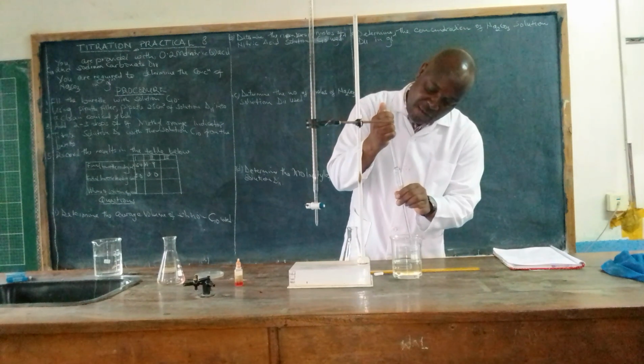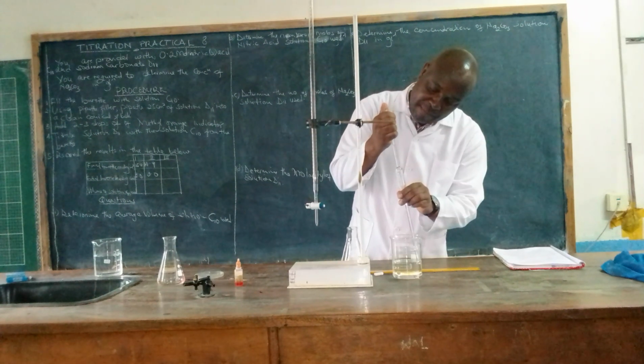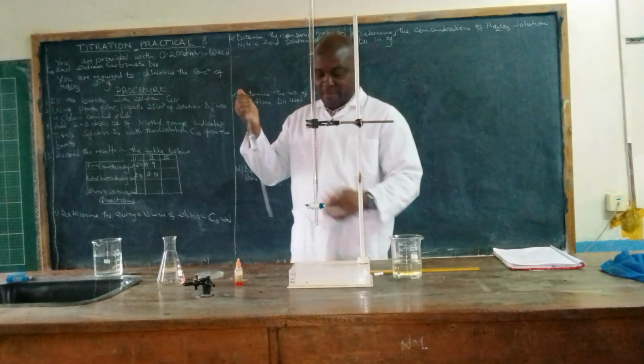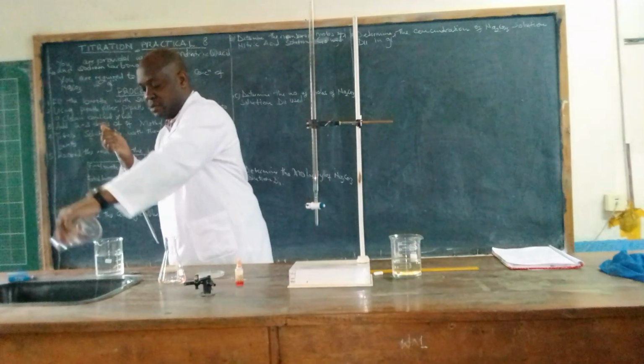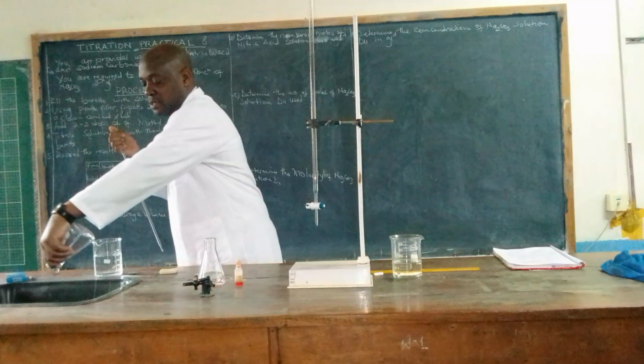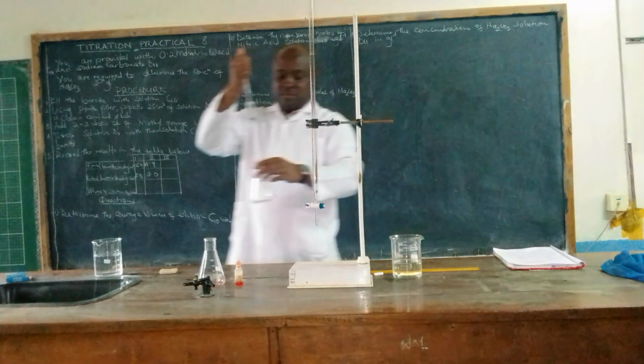So you start now removing excess solution from the pipette until you reach the required mark. Yes, like that. So I'm putting 25 cubic centimeters. Let me just use this one because it looks a little bit clean.